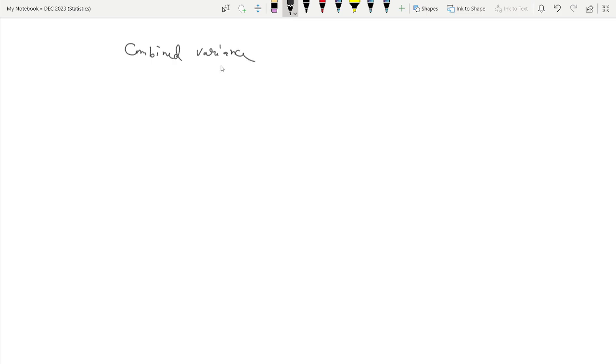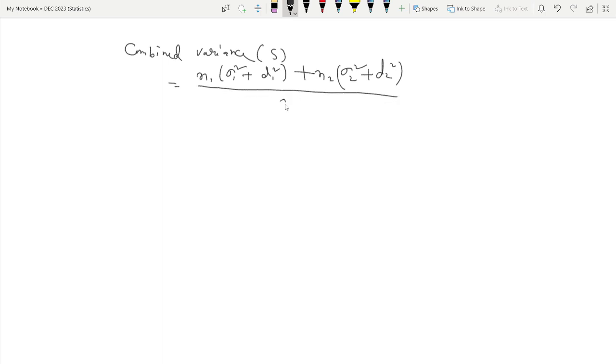Combined variance formula is N1 into sigma 1 whole square plus D1 whole square, plus N2 into sigma 2 whole square plus D2 whole square, divided by N1 plus N2.